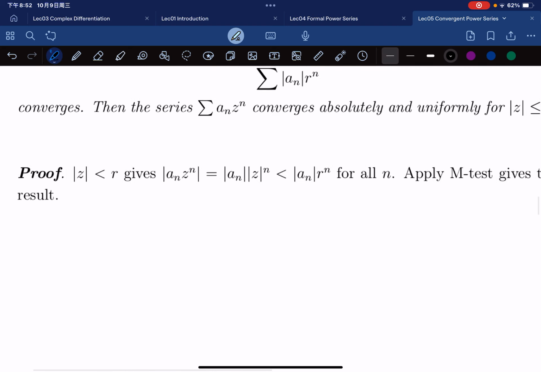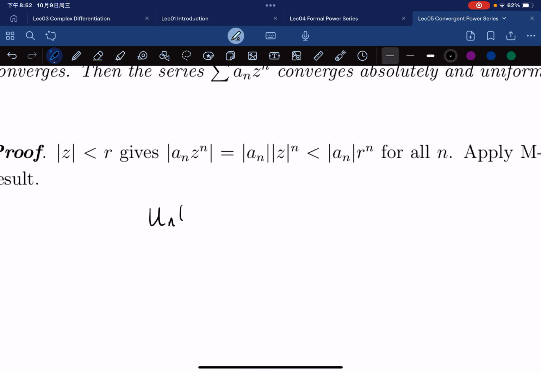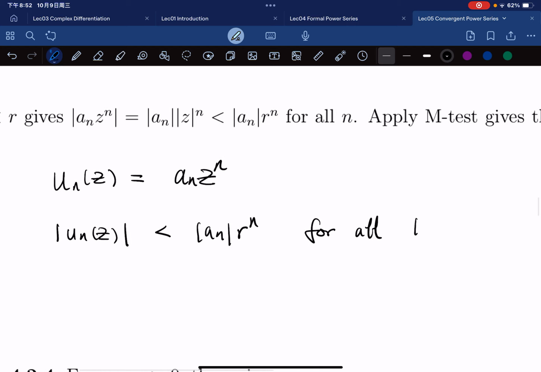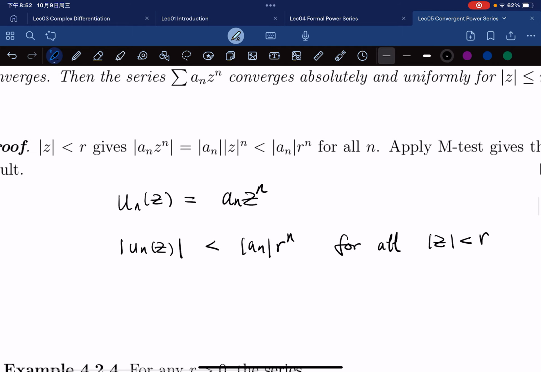If we apply the theorem directly, let u_n(z) be equal to a_n z^n. Then each |u_n(z)| is less than |a_n| r^n for all |z| less than r, right?